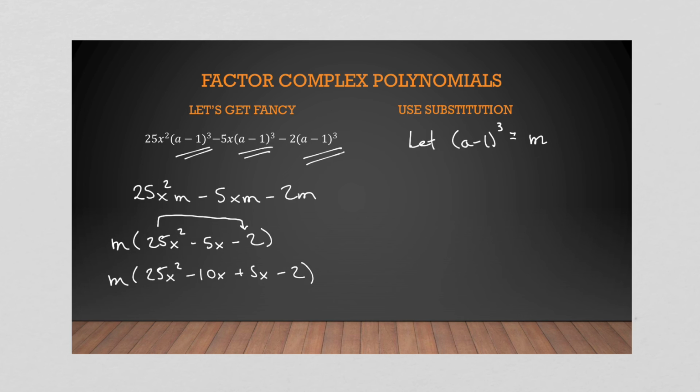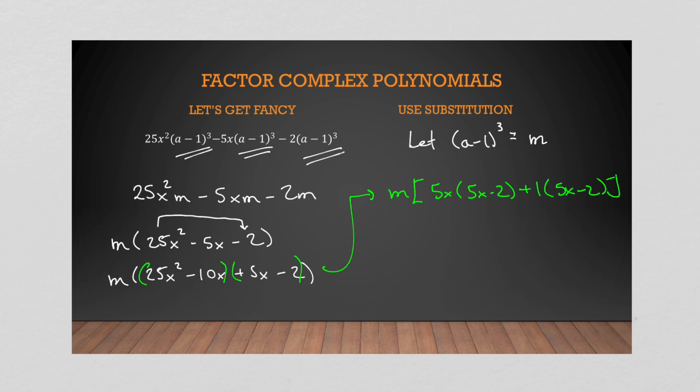And now I have to do my grouping. And again, just like last question, you'll notice that from the first one, I can factor out a 5x, and I'm left with 5x minus 2. And from the second one, I can't factor anything out, so I need to factor out a plus 1. 1 is their greatest common factor, because now I have 5x minus 2, 5x minus 2.